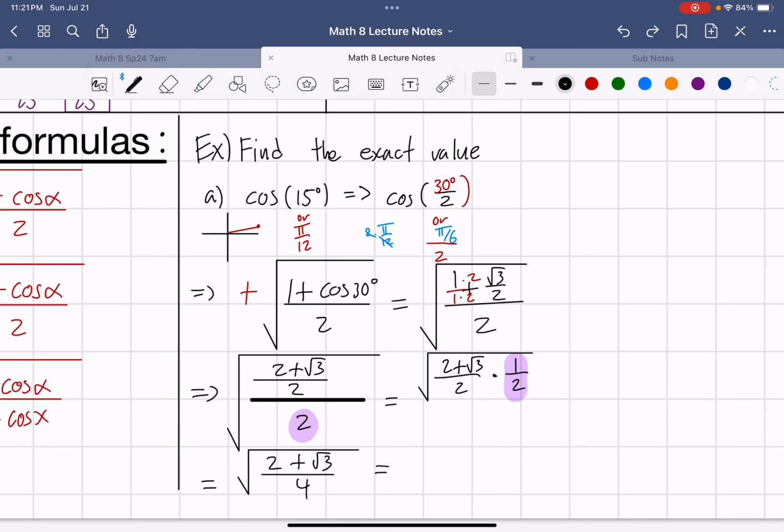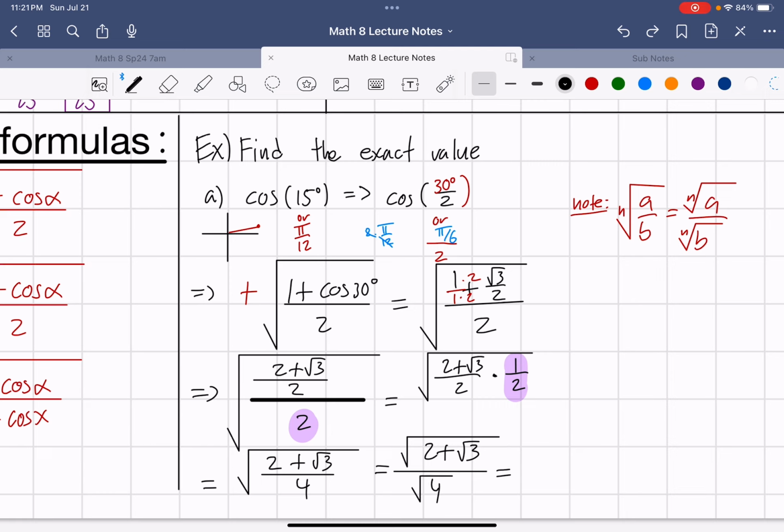And then, using a quick rule of radicals, that you're allowed to rewrite a radical that has a fraction in the radicand into 2 separate radicals. And that will leave me with the square root of 2 plus square root of 3 all over the square root of 4, which we happen to know is 2.